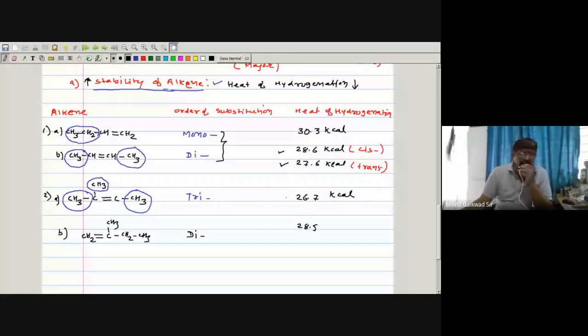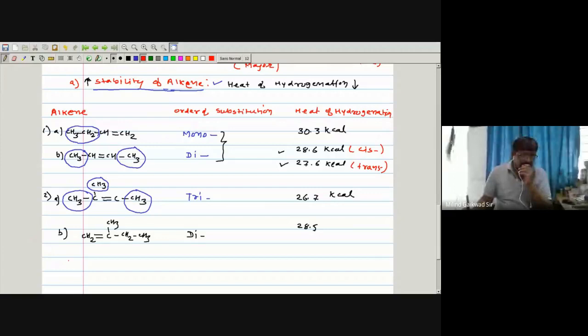That's why the alkene formed by using the Saytzeff rule is a more stable alkene. That's why the Saytzeff rule gives a highly alkyl substituted alkene. So in general, we can now make a statement that the tetra is more stable.